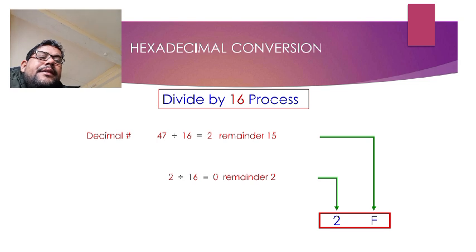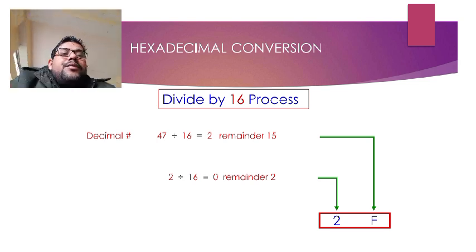Okay, in this way we can write this number. So this is the process of how to convert decimal 50 into hexadecimal 32.